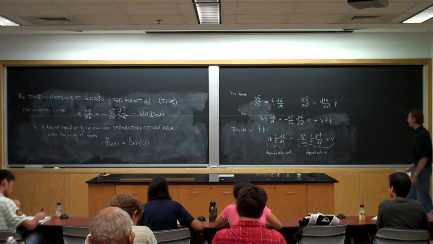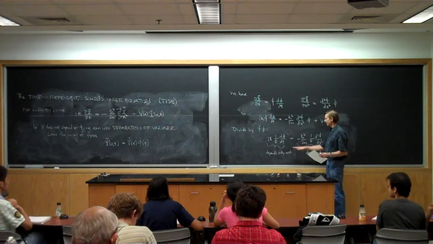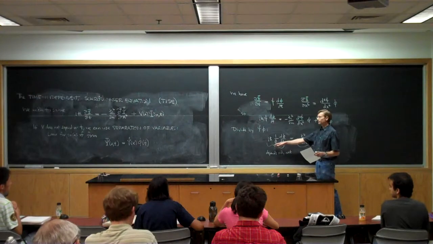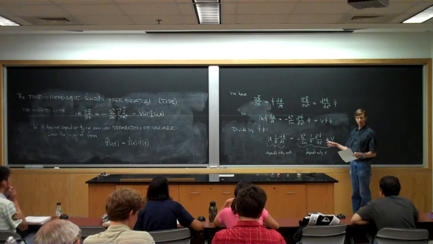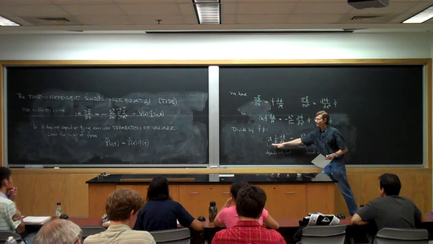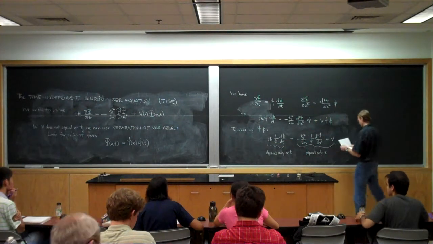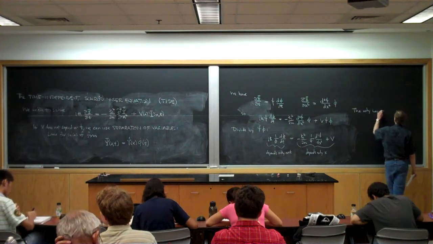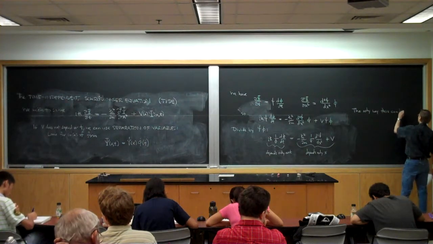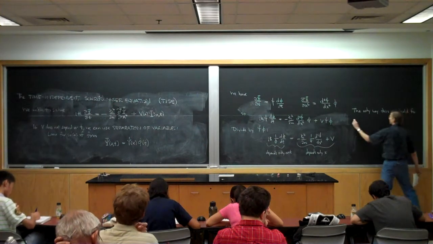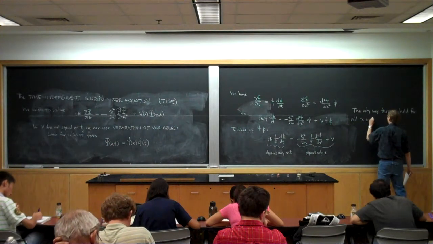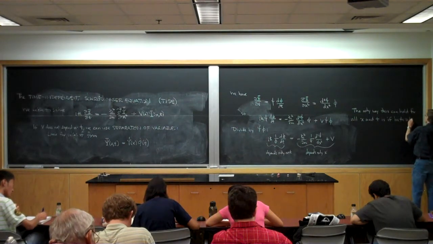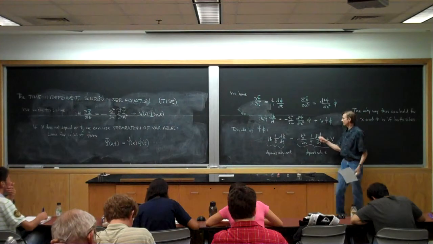But we can do better than that, because if this is to hold for all x and t, the only way that's going to work is if neither side depends on x or on t. In fact, both of these have to be constant. Note, that's not saying that psi is a constant and phi is a constant.